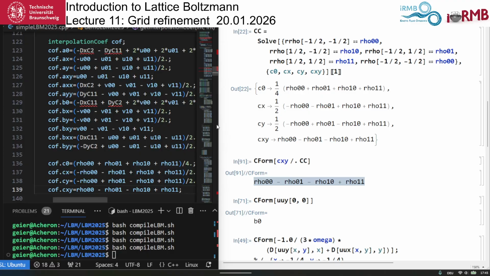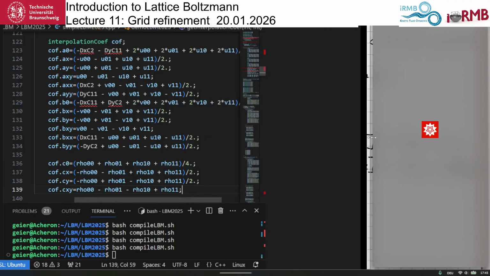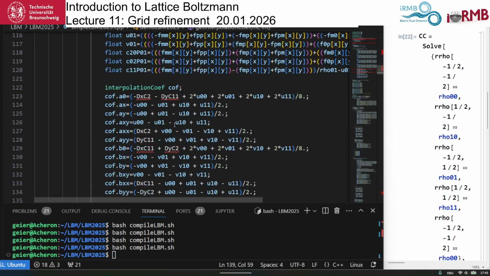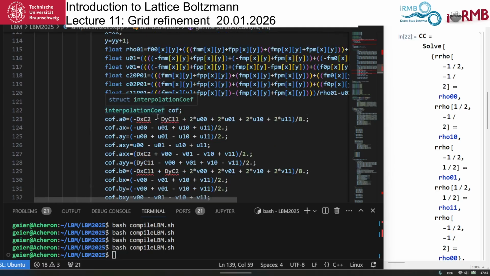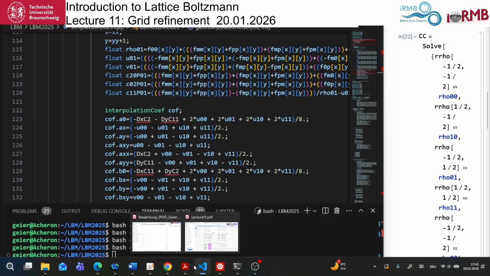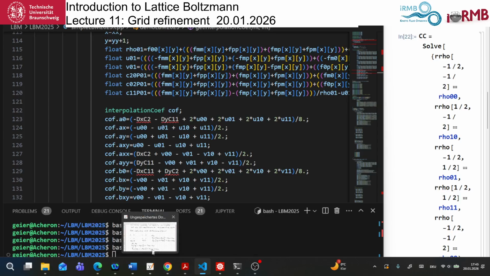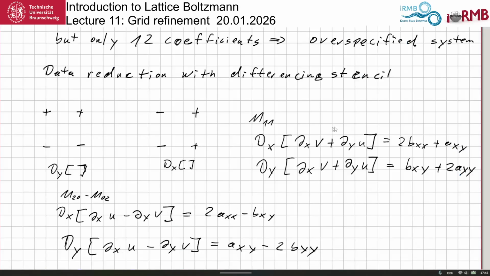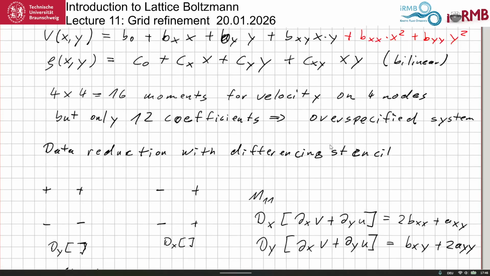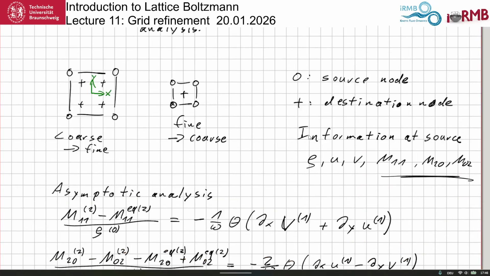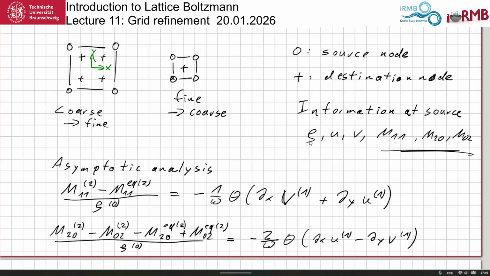So we are almost done with this function. Only the most interesting thing is missing, namely how we get to the information. So we just said that this information is the derivatives here, but this is not quite correct. So what they actually are is this.